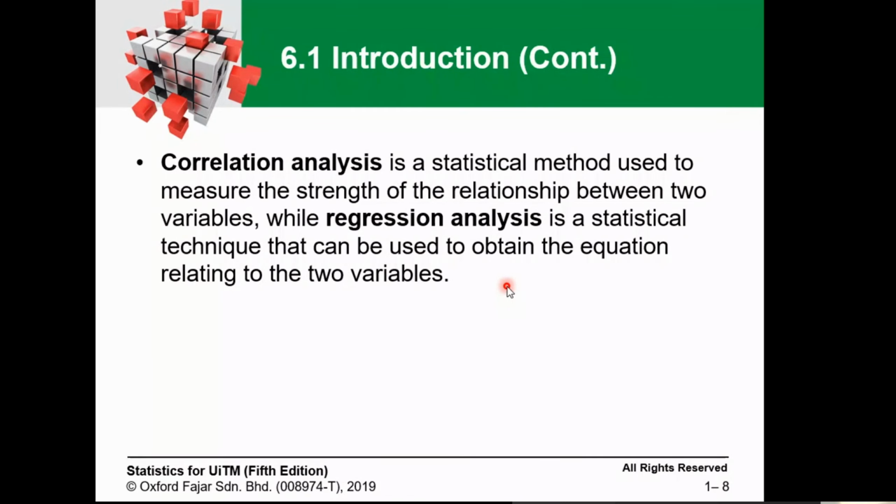Or an increase in one variable that causes a decrease in the other variable, we call a negative correlation. Okay. So regression is a statistical technique that can be used to obtain the equation relating the two variables.